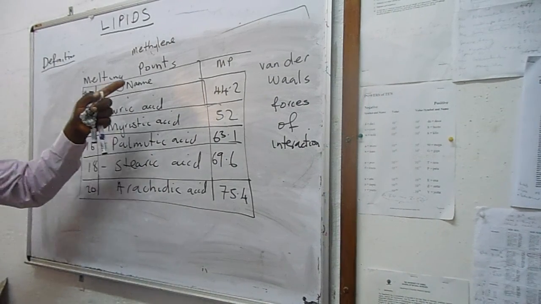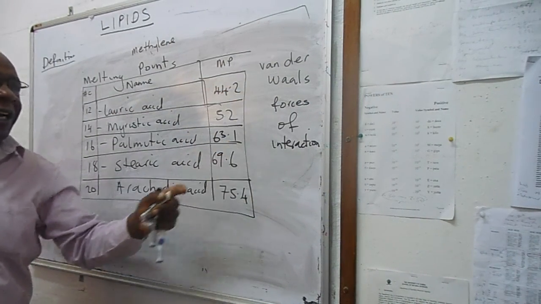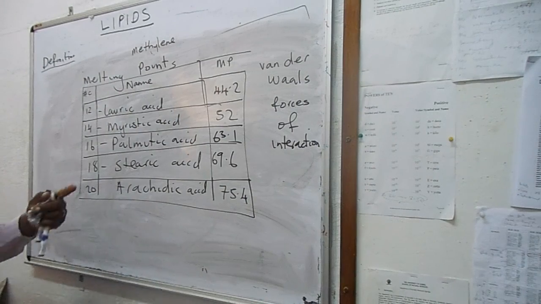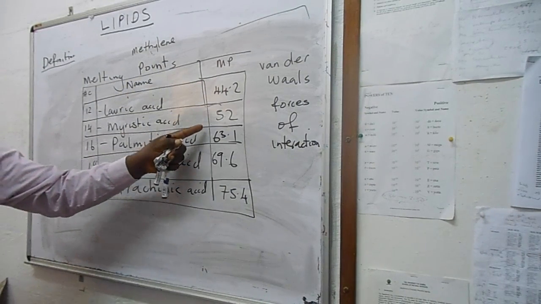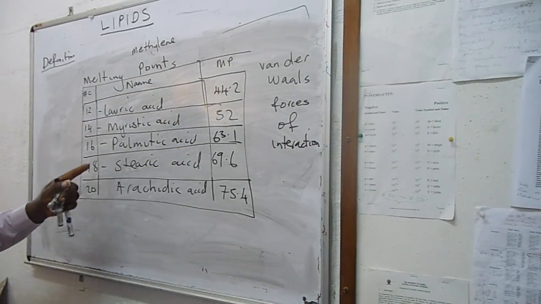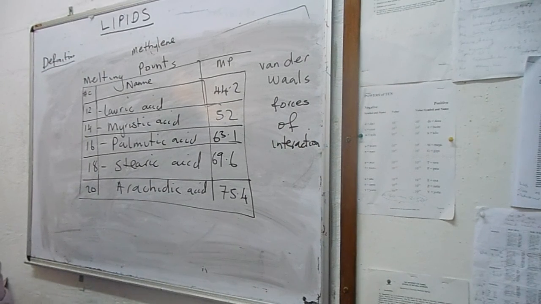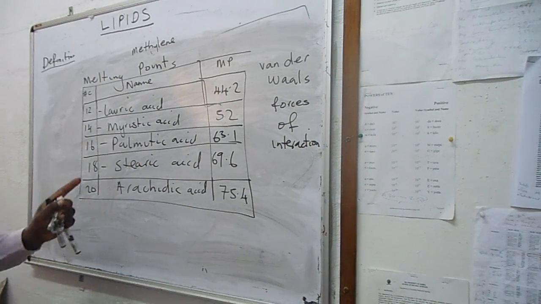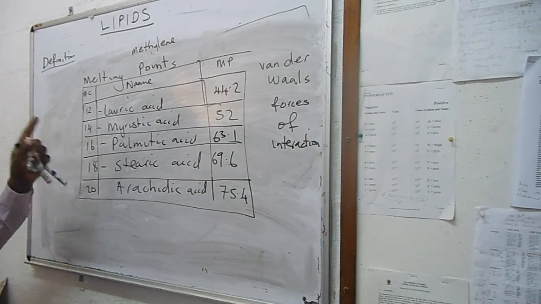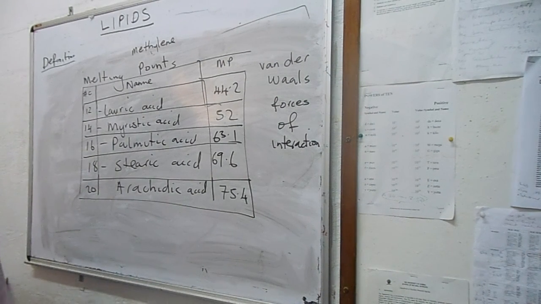Now if the van der Waals forces of interaction increase, it means that the melting points of these fatty acids will also tend to increase, as long as the fatty acids are saturated.